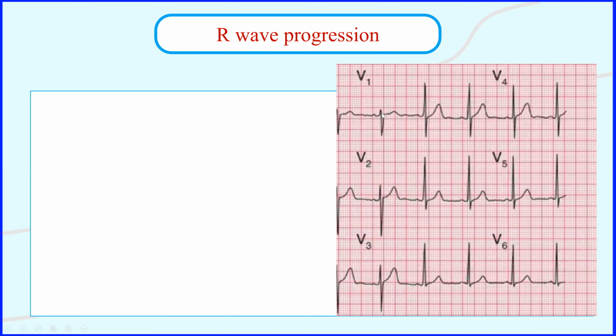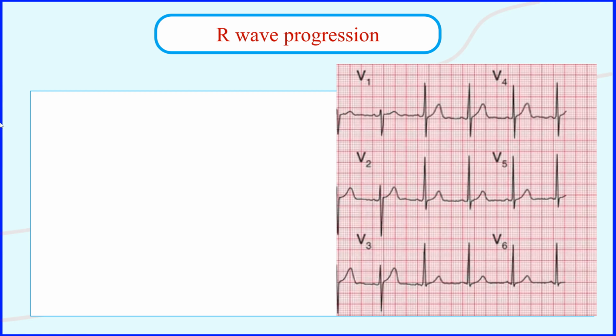When you go to V2, it's getting longer. V3, it's getting longer. V4, almost equal to the S wave. And after that, the R wave becomes more dominant, and in V6, the R wave is almost the longest, right? This is in contrast to the S wave.